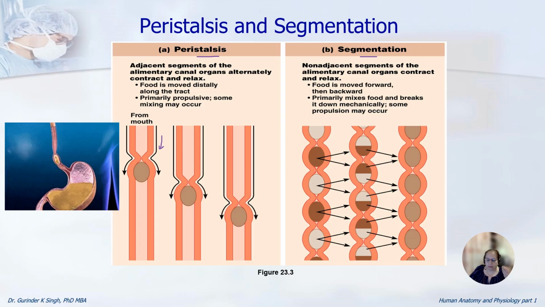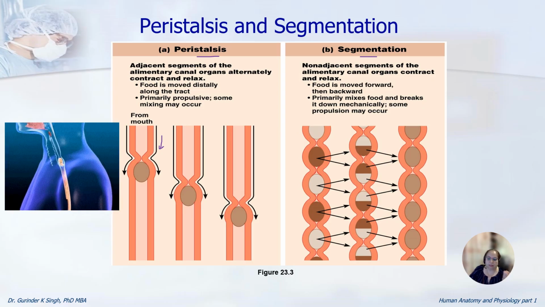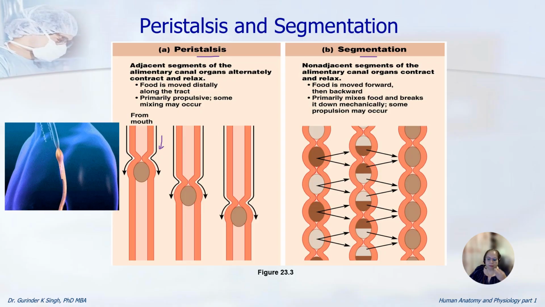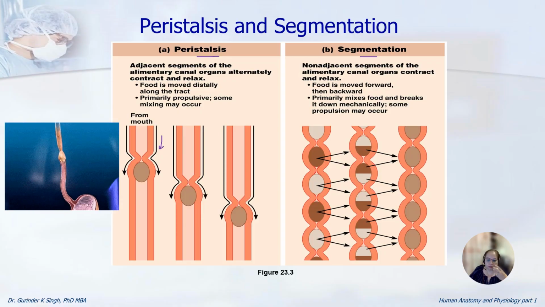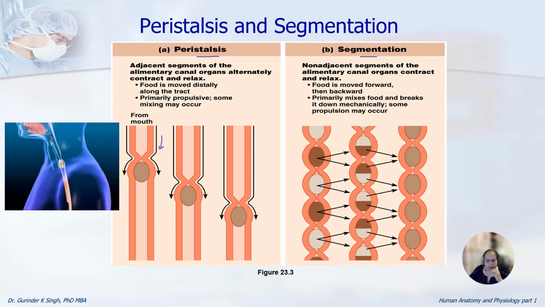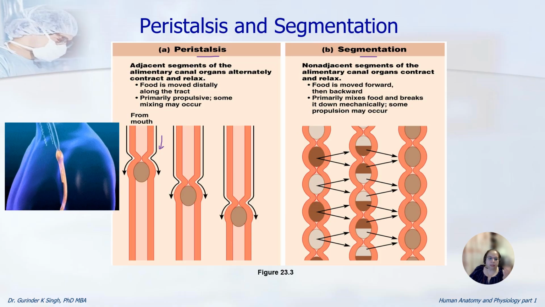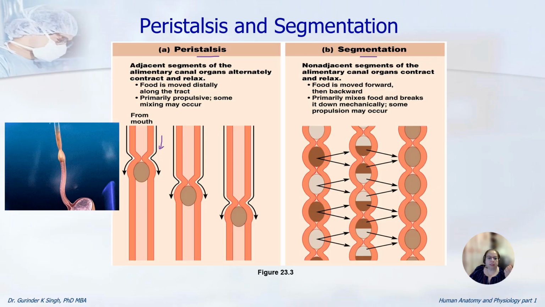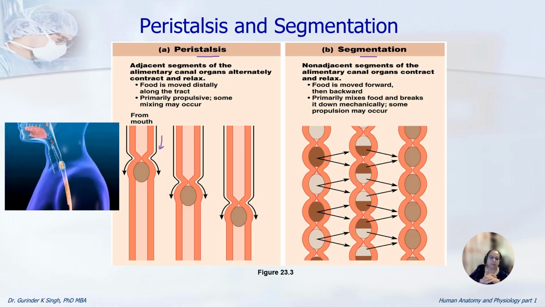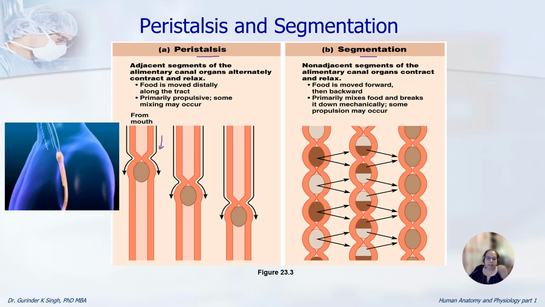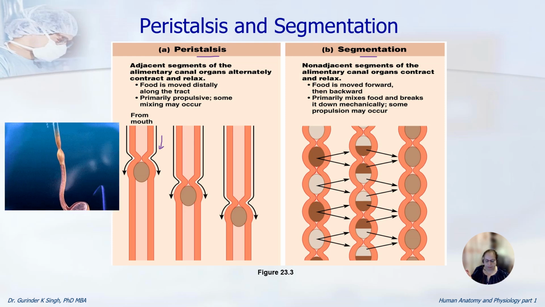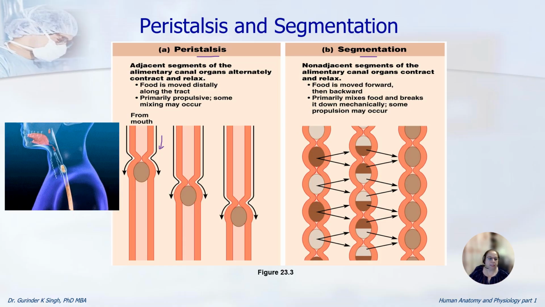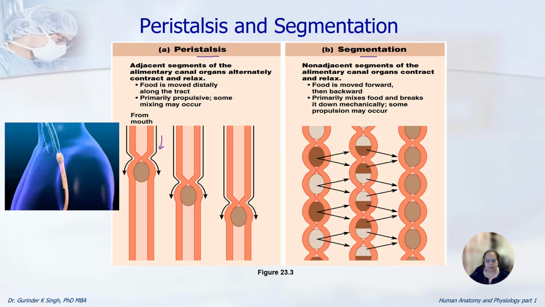The bolus is the bite you take: when you chew, your mouth makes it kind of round, and your tongue helps to swallow it. That's called the bolus. It moves the bolus through the tubular structure by constricting the adjacent areas of the tube. It's similar to having a very long sock, putting a ball in it and pushing the ball to the other end. That is known as peristalsis.